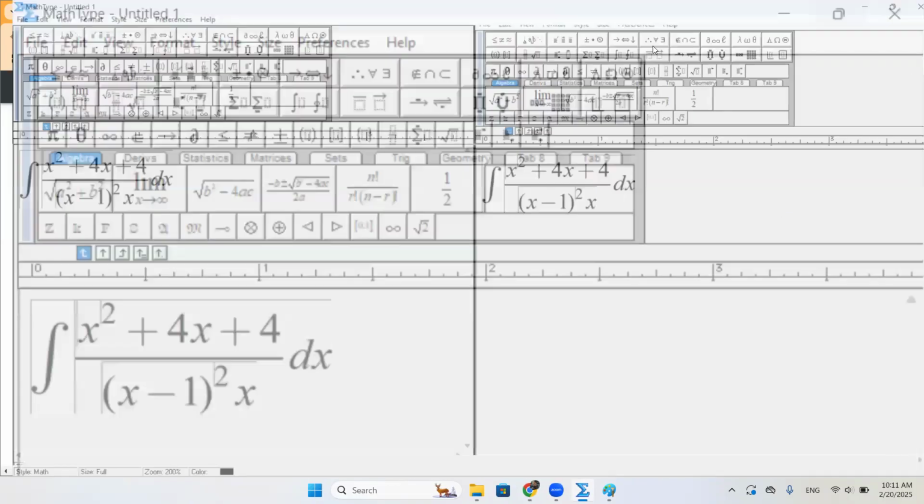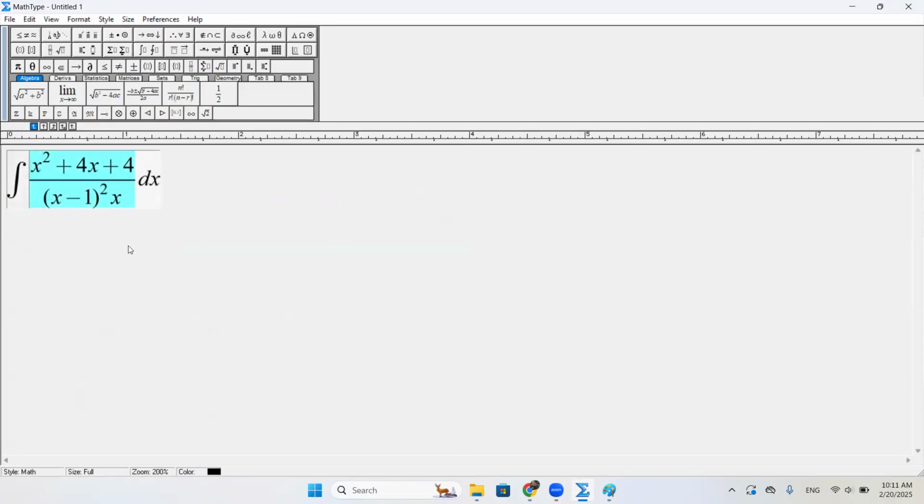So we have such an integral. This is a proper fraction. Now let's use the method of undetermined coefficients. Here we have a repeated factor, the power of 2 of this expression. So how do we write it?